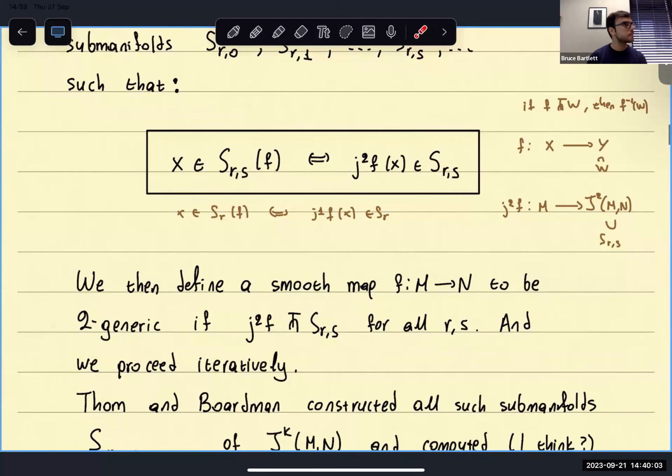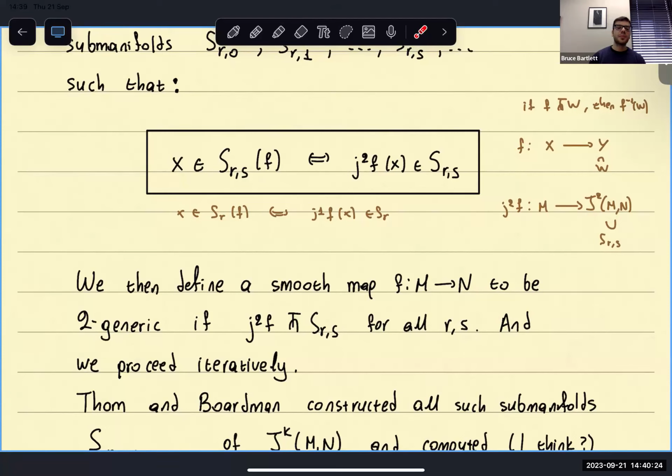But the weird thing, as I'm learning, is that the jet bundle is constructed out of equivalence classes of functions anyway. So although that definition includes a function in it, it's not that far from a definition. You know what I mean?